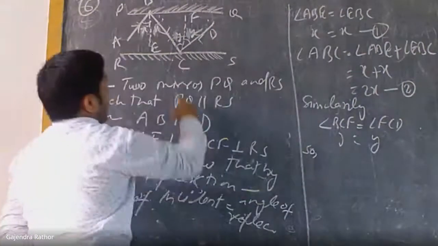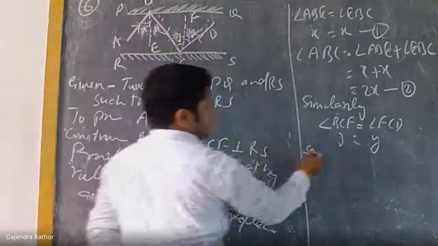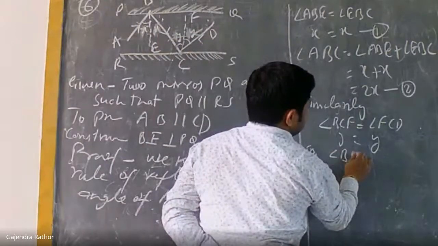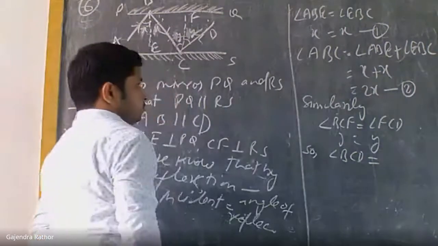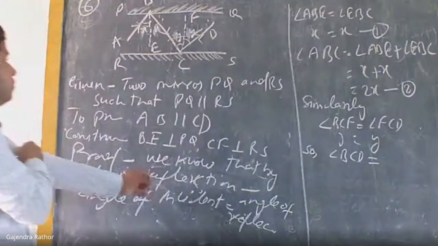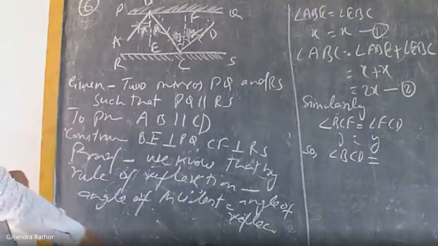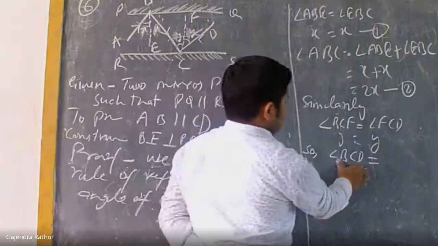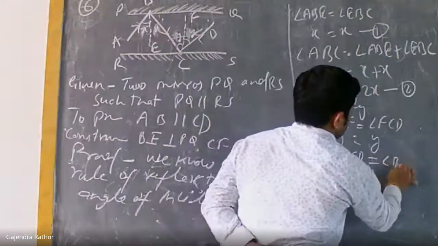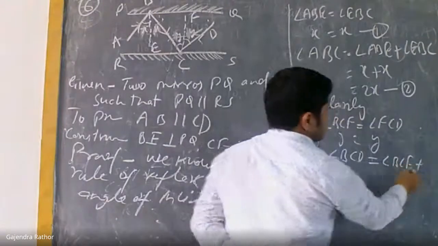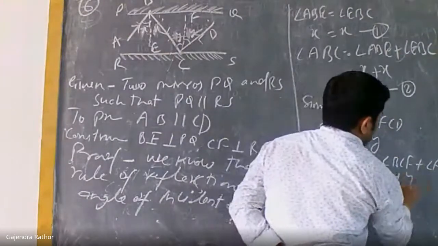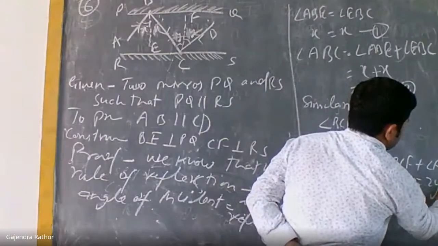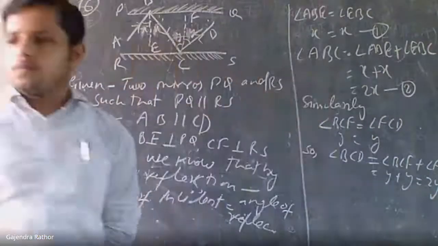So angle BCD is equal to angle BCF plus FCD. Both are y, so it becomes 2y. Equation number 3.